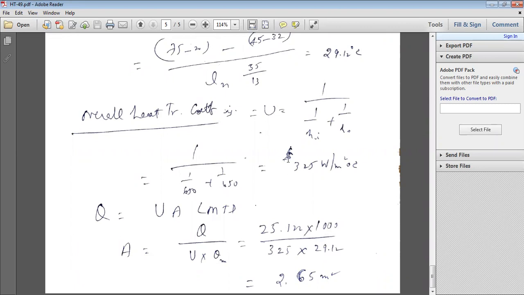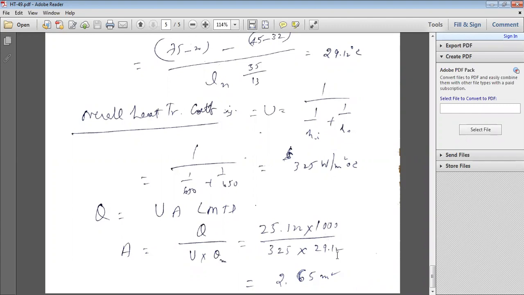This is divided by the overall heat transfer coefficient, U equals 1 by HI plus 1 by HO, which is 1 by 650 plus 1 by 650, that is 325, and then by theta mean, 29.12. So the area is 25.122 into 1000 divided by 325 into 29.12.